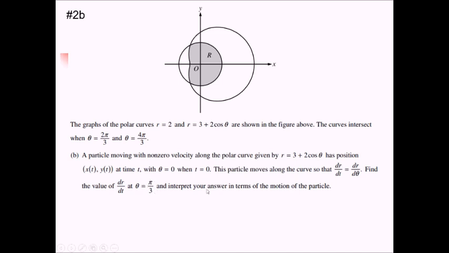Okay, so basically we have to plug pi over 3 into dr over dt. But we saw that dr over dt and dr over d theta are really the same thing. And the r that I'm talking about, I spelled it out here in my notation, is specifically r sub b, which is what I labeled this thing as.